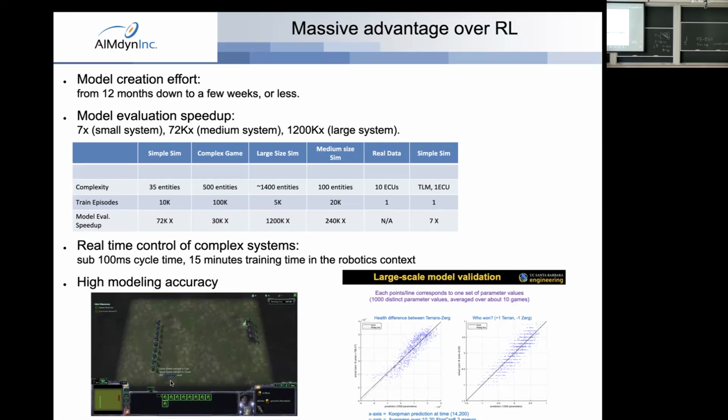You don't need neural networks. The plots on the right are to convince you of the accuracy of these techniques. They should be diagonal if your prediction is correct. This is the true outcome. This is the prediction. It's a somewhat stochastic system. So you're getting, I would say, very, very good accuracy in this case as well.